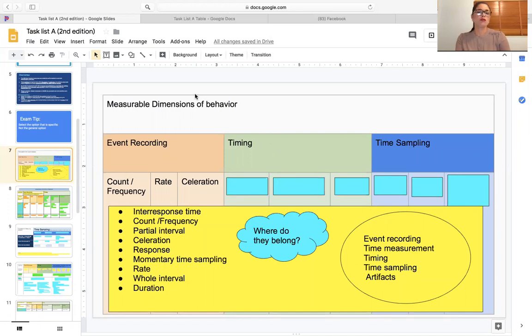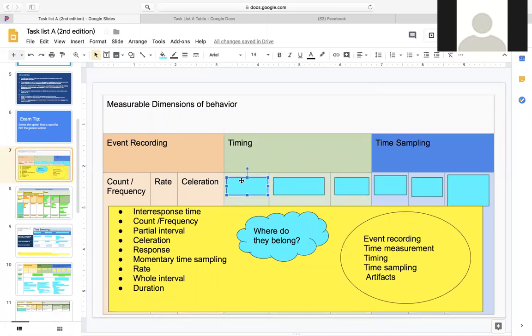Okay, so the next one would be timing: duration, inter-response time, and which other? Latency? I don't see that on there. It says response. Is it supposed to be response latency?